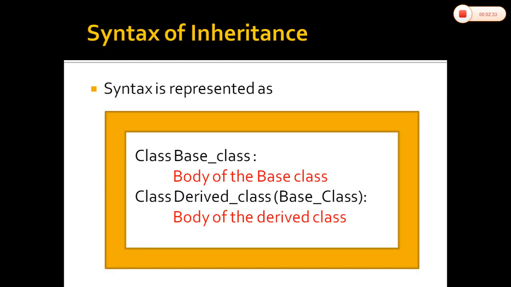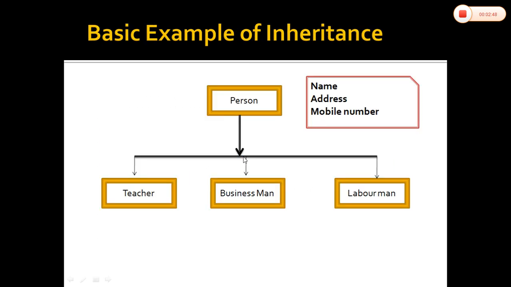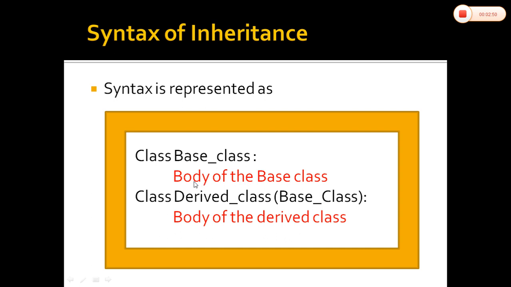So next is how to write the syntax of inheritance in Python. Okay, so in order to write the syntax of inheritance in our Python programs, we use class, space, base class, with colon and the body of the base class, then class with the derived class.